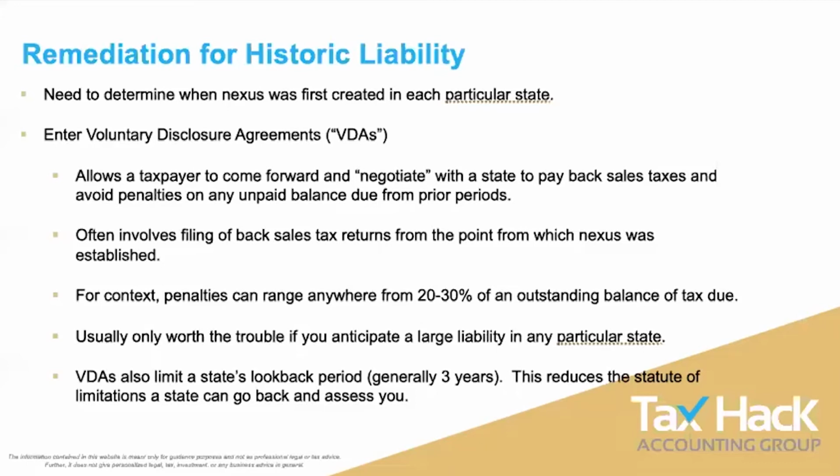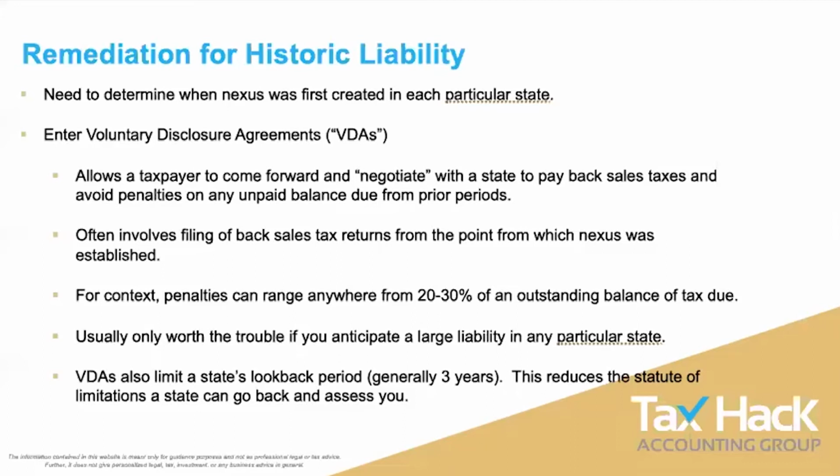Especially some of the bigger states: California, Texas, Ohio is aggressive. There are states out there that will do that, which is why these VDAs are so important, because generally, if you come forward and tell them, hey, I made a mistake, I'm trying to pay this, the states will limit the look back period, generally 3 or 4 years. You come forward anonymously as well, so they don't know who you are.